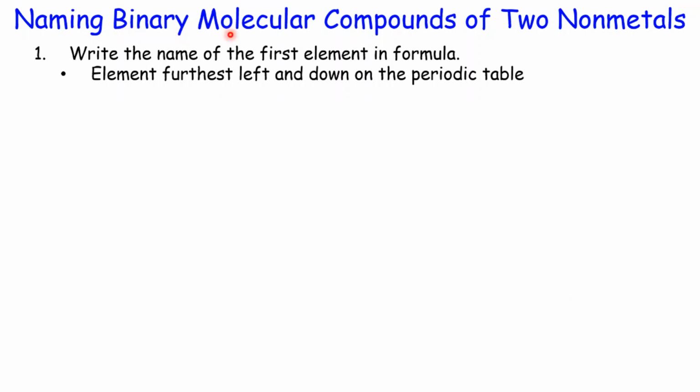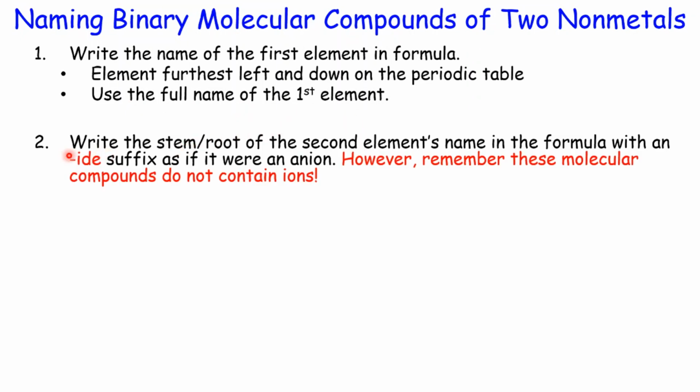Okay, naming binary molecular compounds. Binary, of course, just means only 2 non-metals here. So we simply write the name of the first element in the formula, and we use the full name of the first element. Step number 2, we'll write the base name or the stem or the root of the second element's name in the formula, then with a suffix IDE.